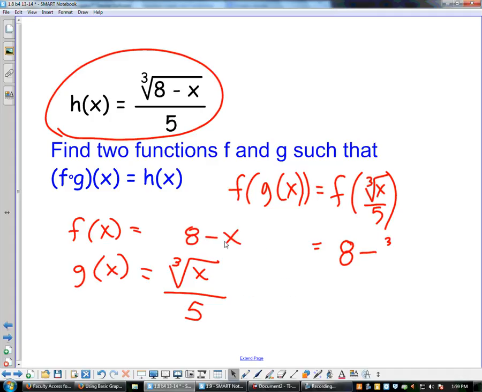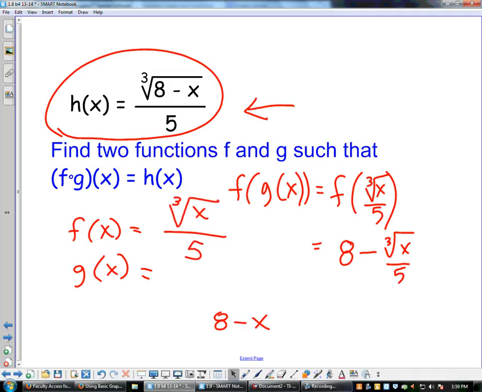So what we said, well, let's back up. Do we see why we're abandoning this? Because this is going to get us 8 minus cubed root of x over 5, which is not what we want, right? We are looking for this. All right, so instead, if we switch these, it won't look like this anymore.